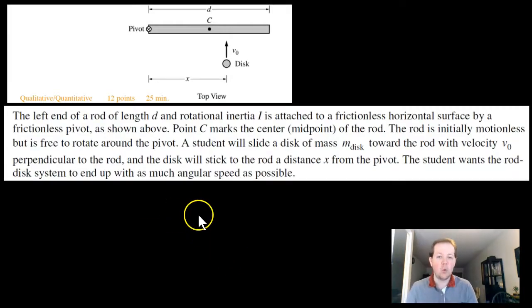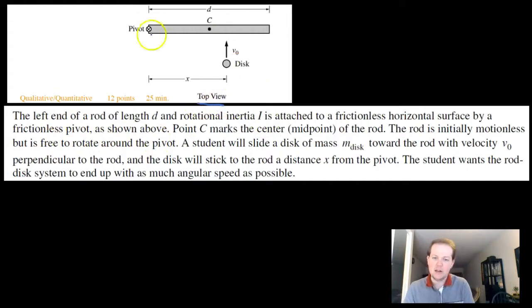Question 1, the qualitative quantitative test. It says the left end of a rod of length D and rotational inertia I is attached to a frictionless horizontal surface by a frictionless pivot, as shown above. Okay, so it says a top view.